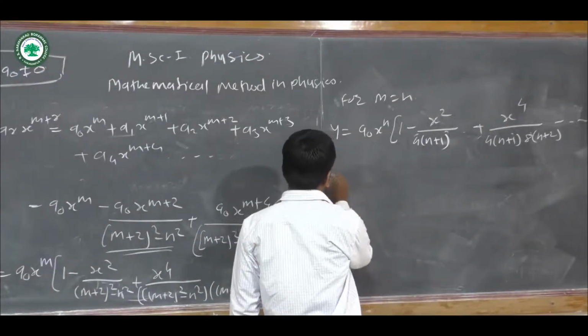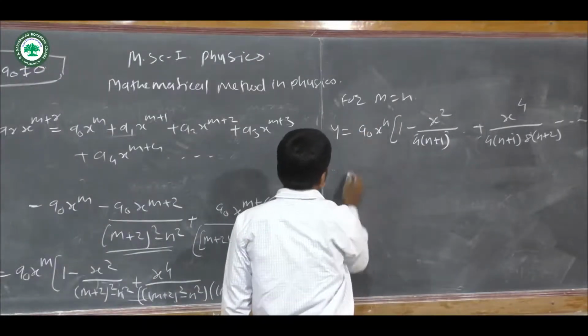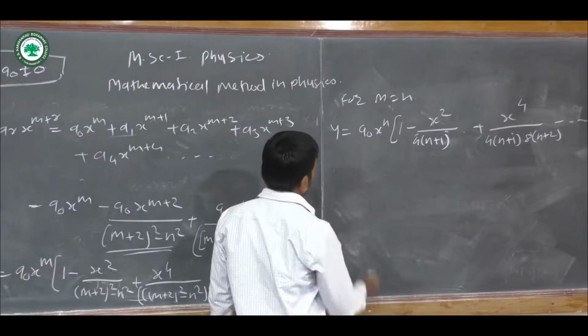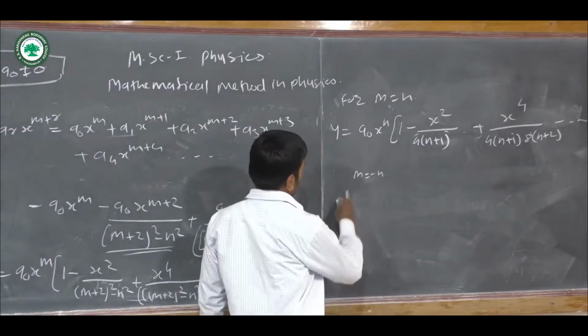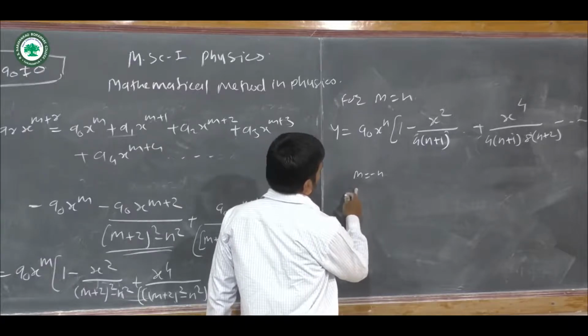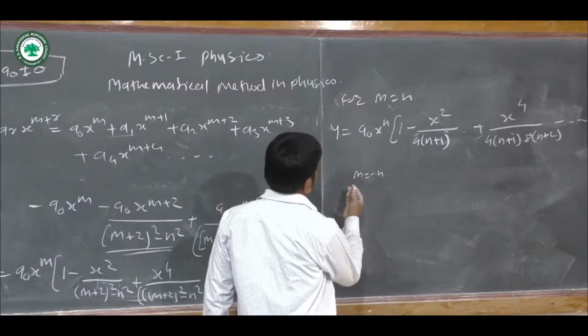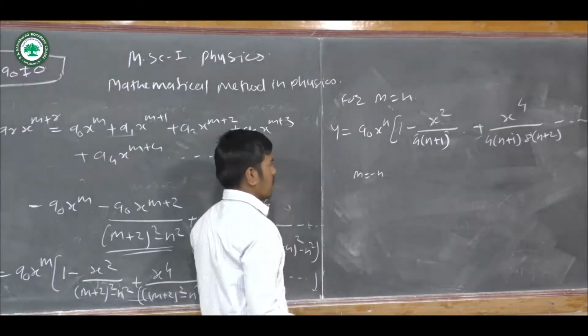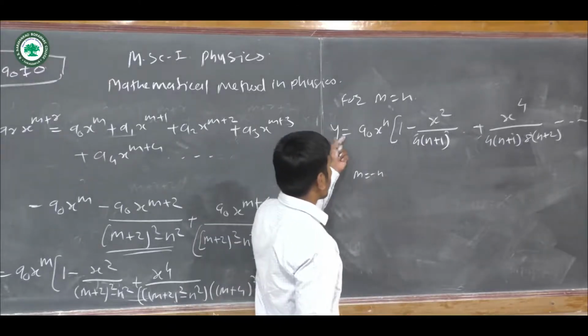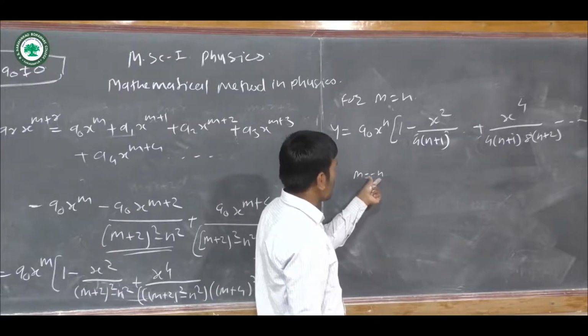This is for m is equal to n. If I write for m is equal to minus n, just replace this n with minus n, and we can find the value for m is equal to minus n.